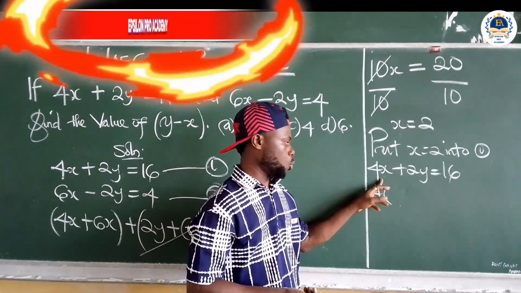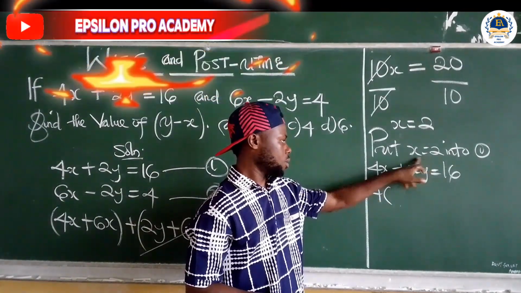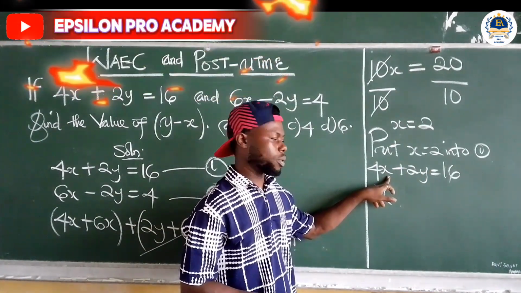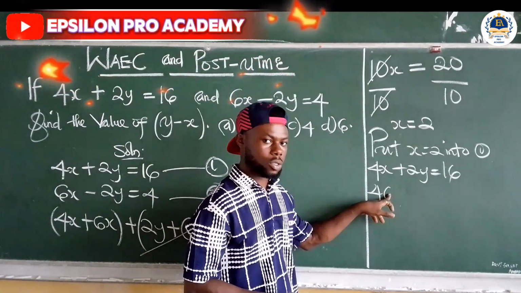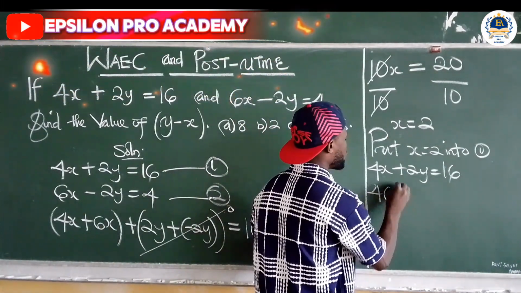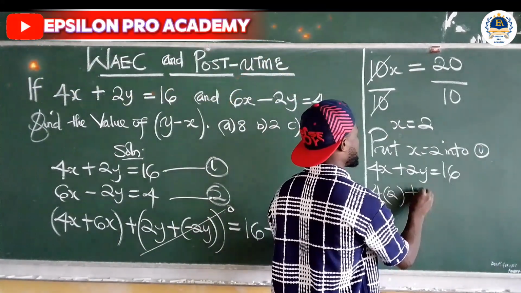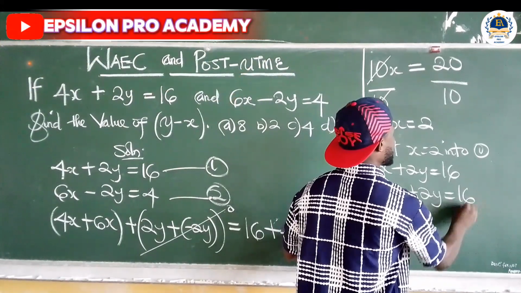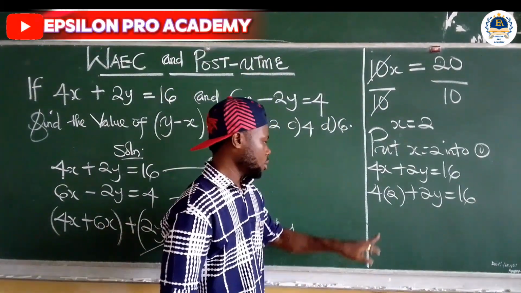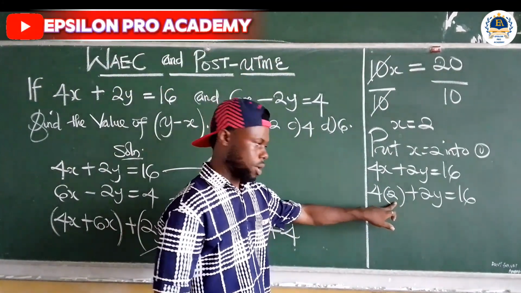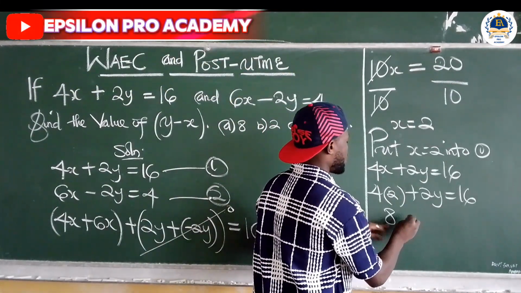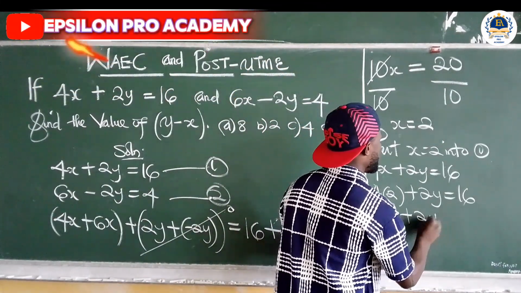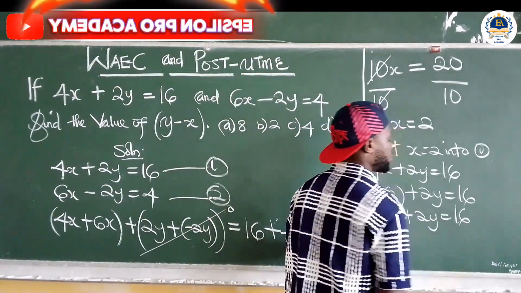We are going to replace x with 2. Instead of 4x, that will become 4 in bracket 2, then plus 2y is equal to 16. 4 times 2 is 8, plus 2y is equal to 16.